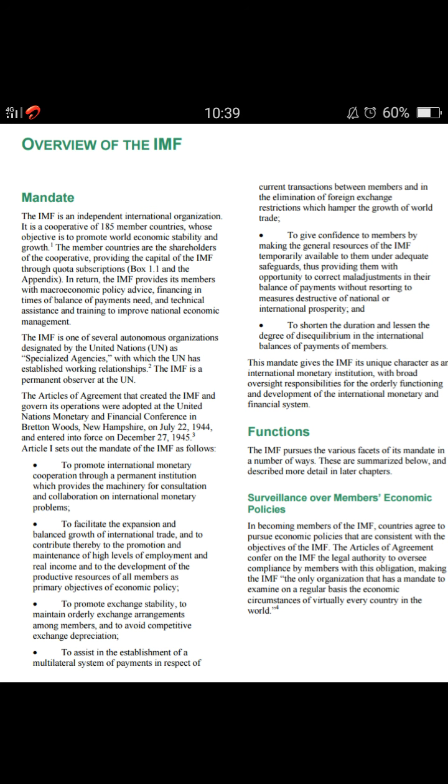Such lending is in the context of economic adjustment program implemented by the borrowing country to correct the balance of payments difficulties.